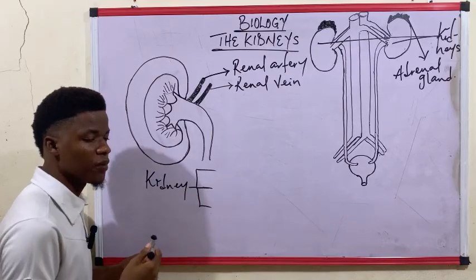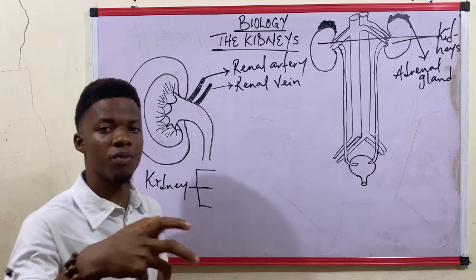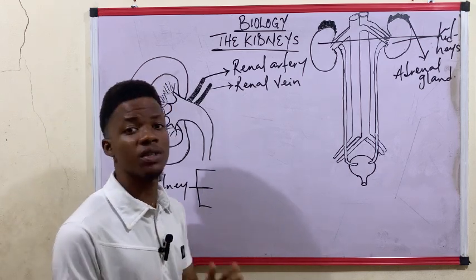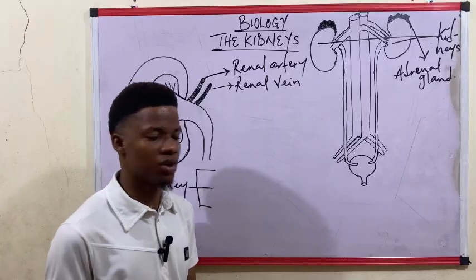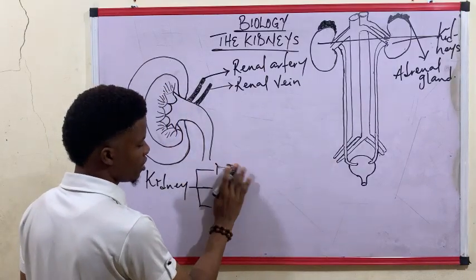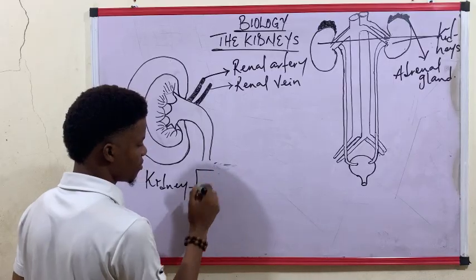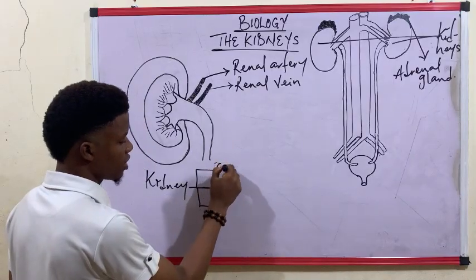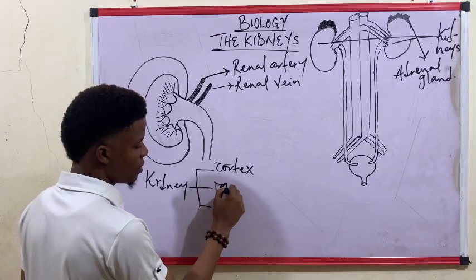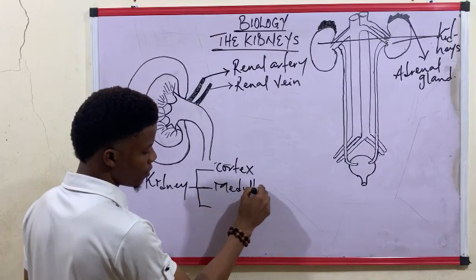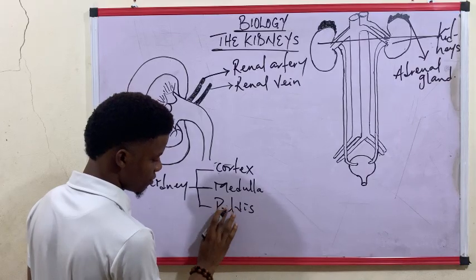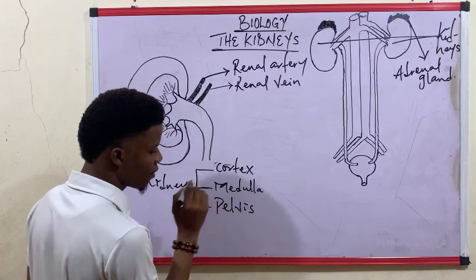Or you can say the kidney is divided into two main regions, but I just like to use three parts, or three regions. The first region here is the cortex. The second is the medulla, and finally we have the pelvis.